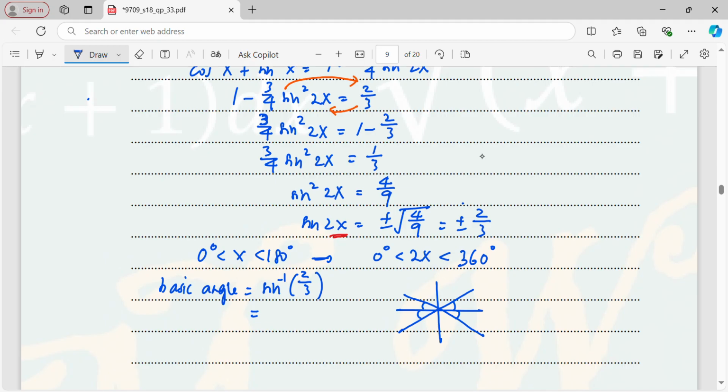Even the plus is also quadrant. For the basic angle, we always consider the positive value. So using calculator, you will be getting 41.81 degrees. Here I give more decimal places because later I need to divide by 2 in order to get the x. So I will label all this as 41.81 degrees.